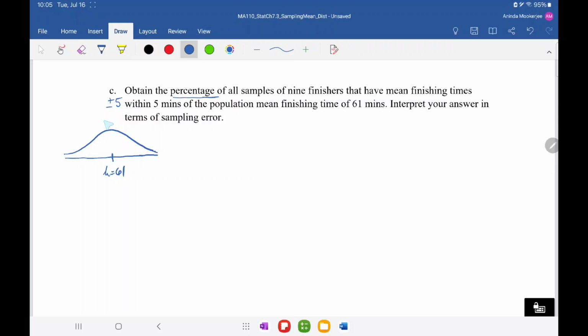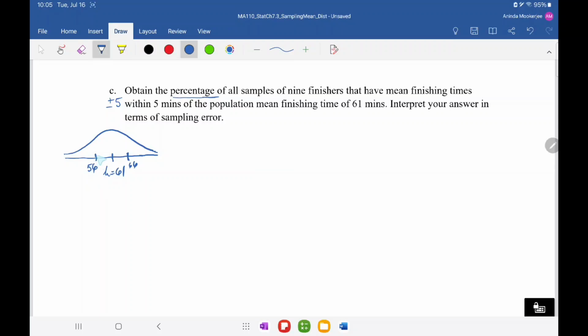So 5 minutes above would be 61 plus 5, 66 minutes, and 5 minutes below, on the left-hand side of the mean, would be 61 minus 5, which is 56 minutes.